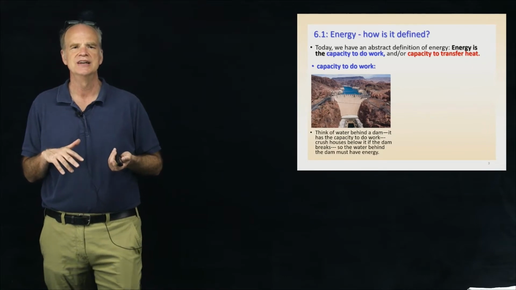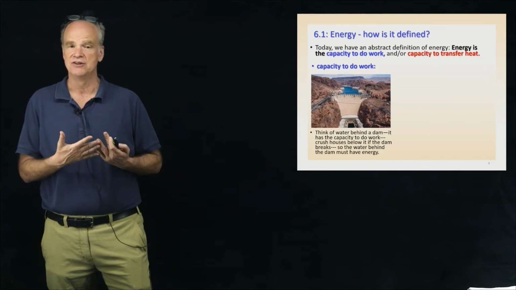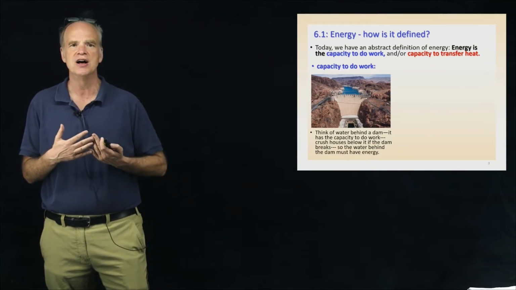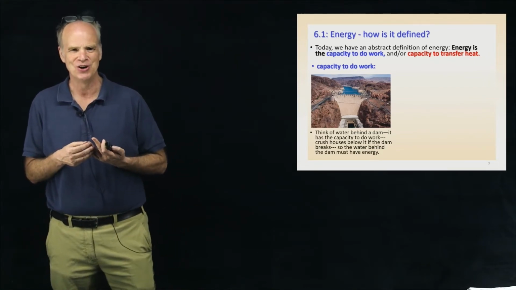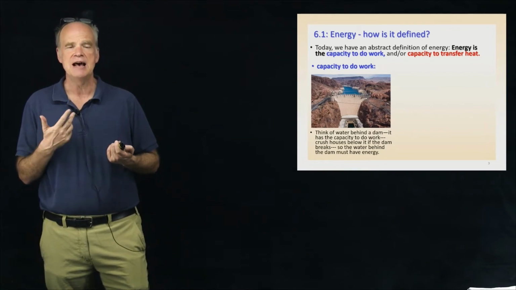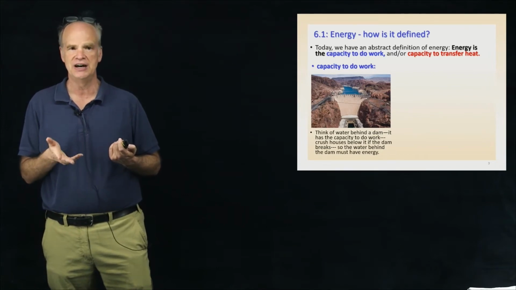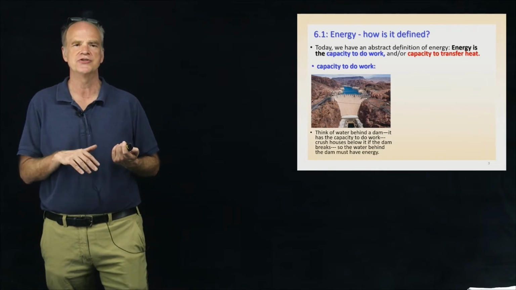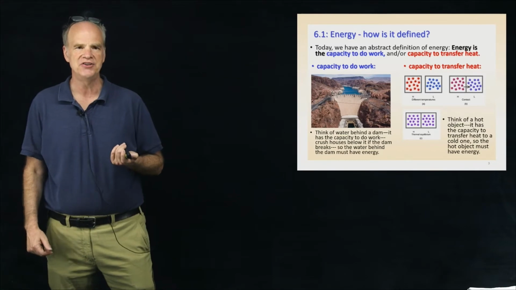It may not be doing a lot of work at the moment, but if the dam breaks, it will flood the valley below, and that water will do work on the houses below by destroying them. So you can see that energy can be defined as the capacity to do work. It is also defined as work itself, but it's also the capacity to do work as I just described. Also, energy is the capacity to transfer heat.